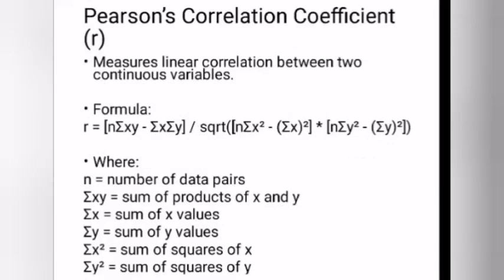So the next thing is Pearson's correlation coefficient, which is r. It measures the linear correlation between two continuous variables.